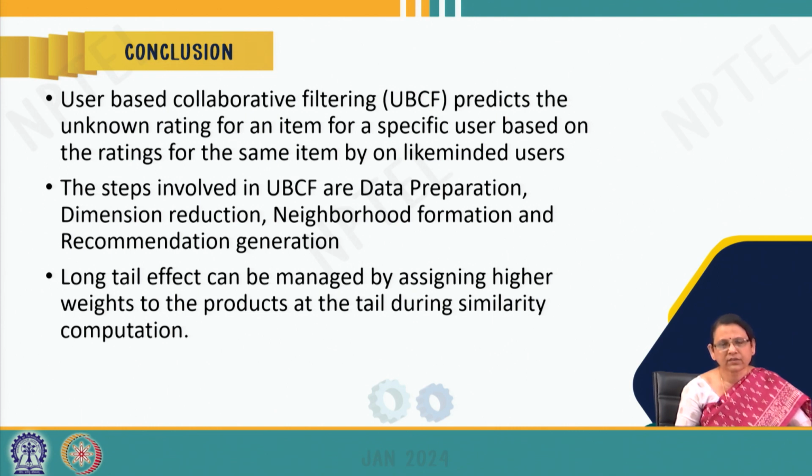And we also discussed how to take care of the long tail phenomena. And because of this, for the items which are at the fag end of the tail, we are supposed to give them certain higher weight and accommodate it while computing the similarity.